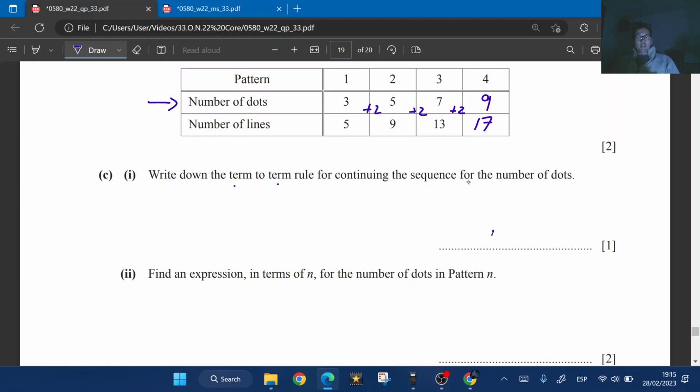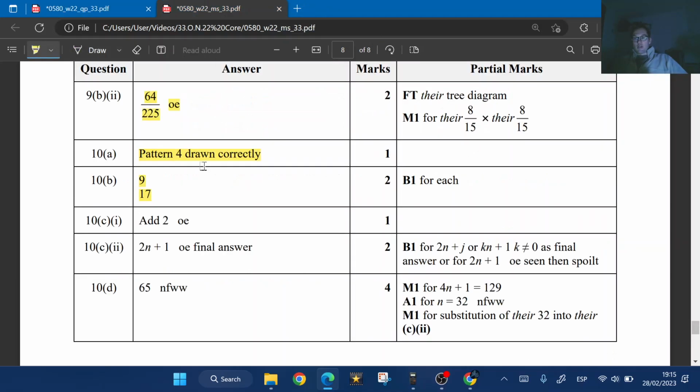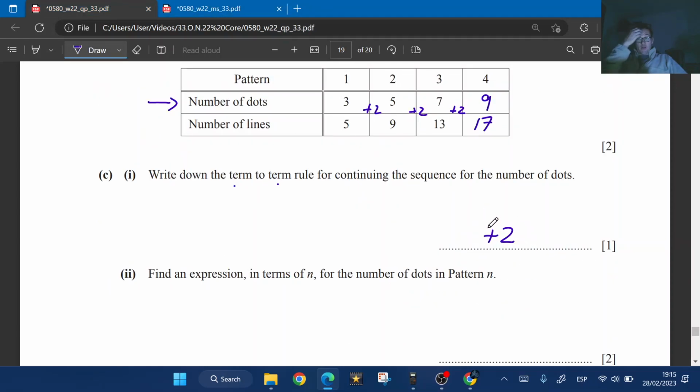It's not the nth term rule. Add 2 or equivalent, so just plus 2 will be fine. Don't confuse it with the nth term rule.